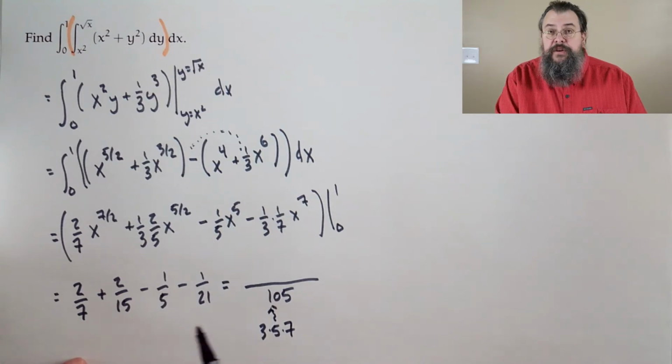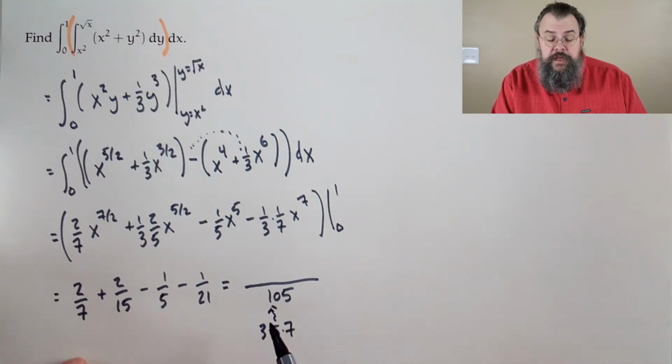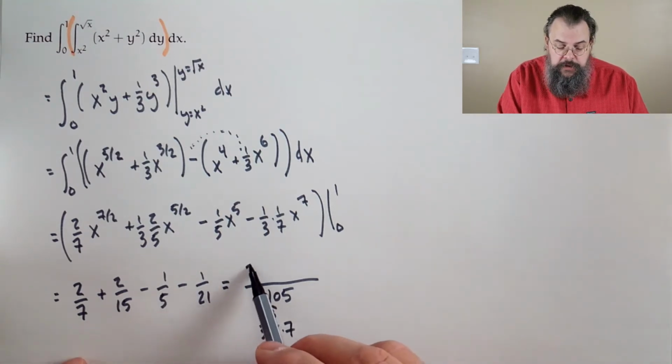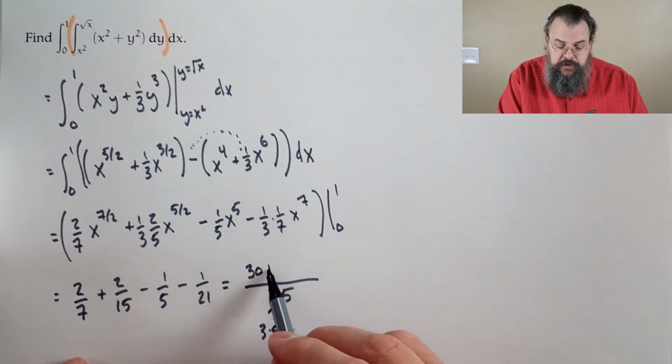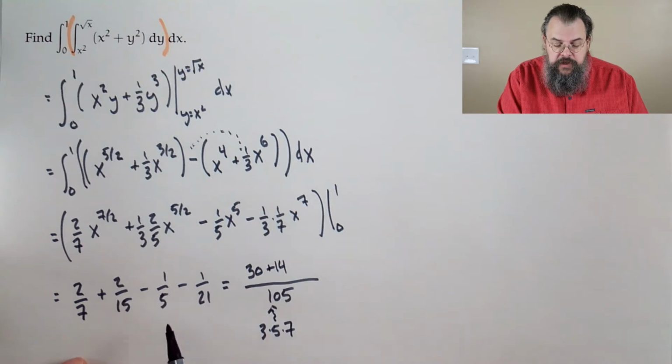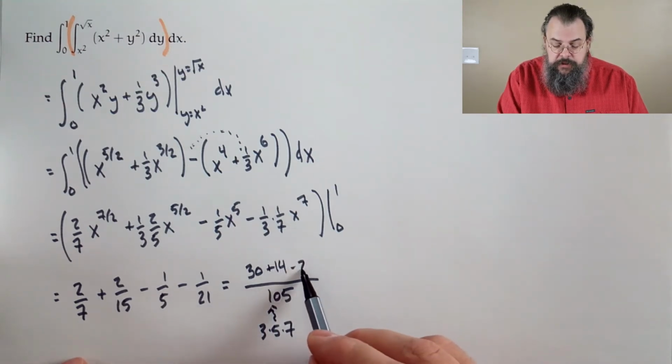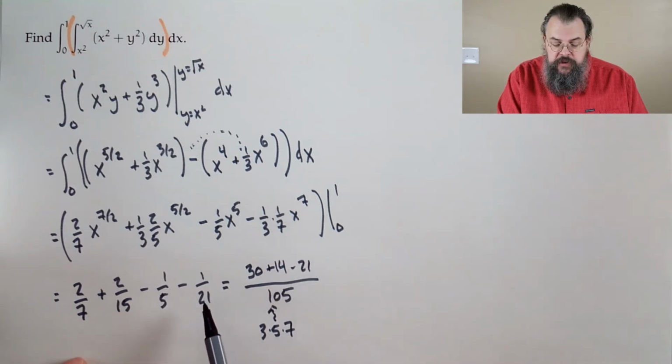So to get from 7 to 105, you'd multiply by 15. So that would be 30. To get from 15 to 105, you multiply by 7. So 14. So to get from 5 to 105, multiply by 21. So subtract 21. And to get to 21 to 105, multiply by 5. Subtract 5.